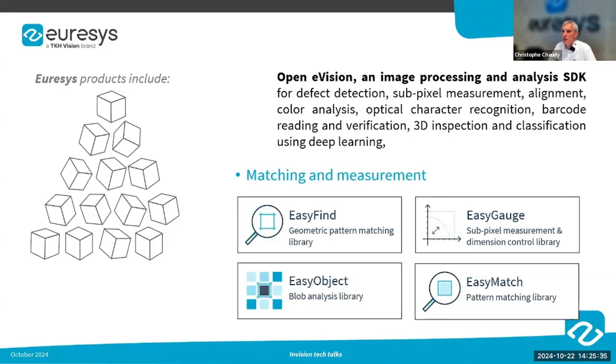And then we have a range of pattern matching libraries, to find objects in images. We also perform subpixel measurements with Easy Gauge. And with Easy Object, we could segment and measure 2D objects in images.